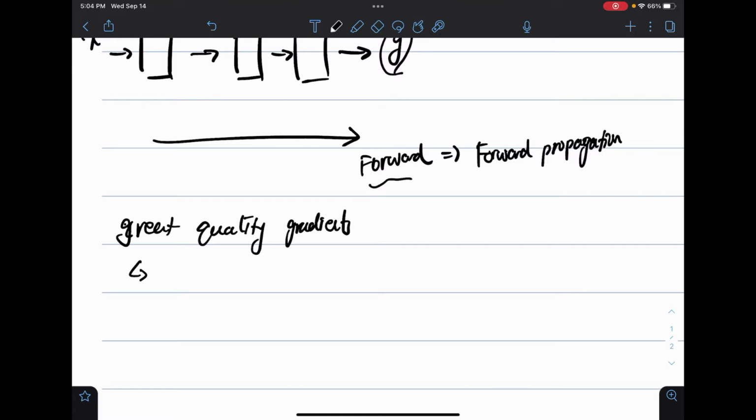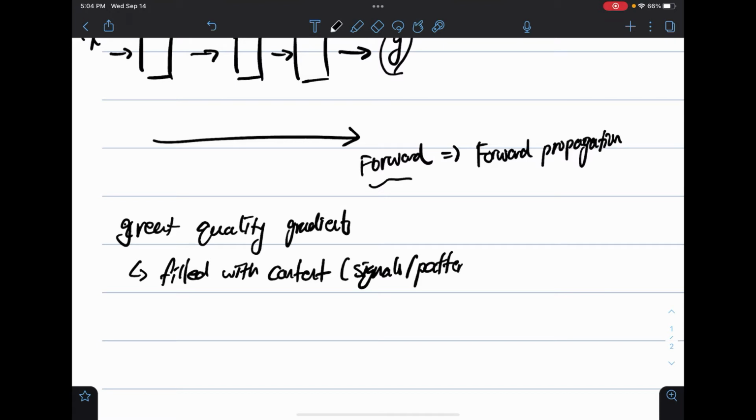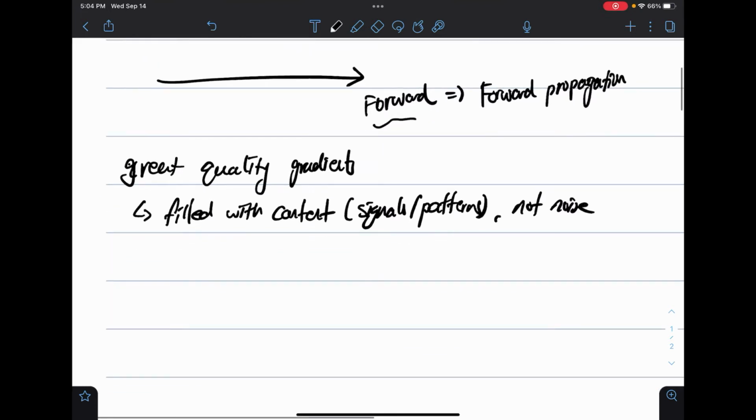They're filled with content, with signals, useful patterns, and not noise. That's a great quality gradient.